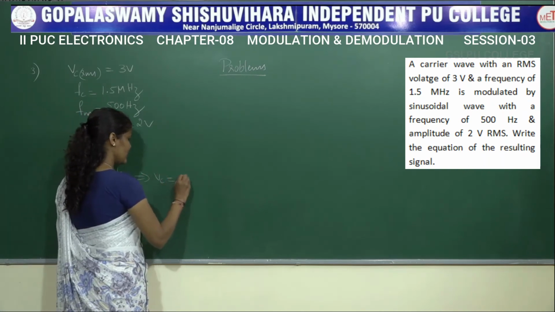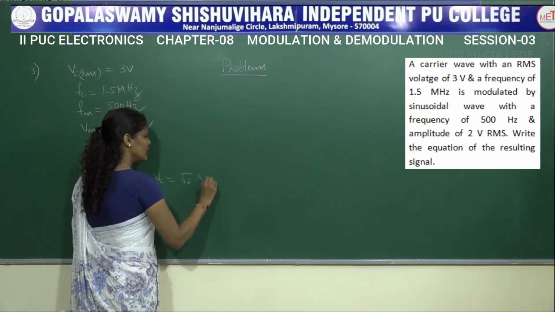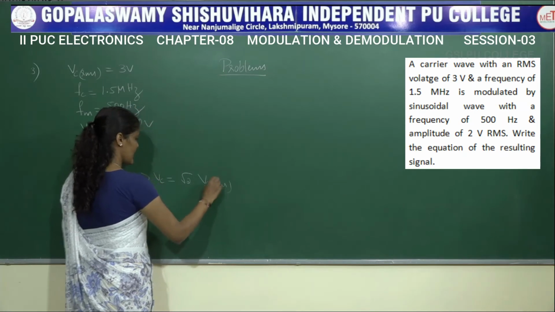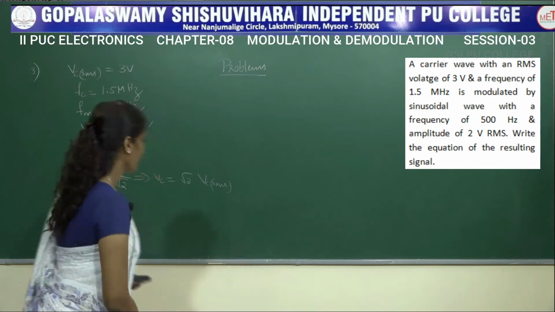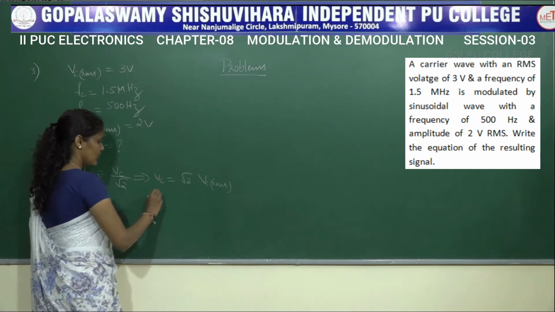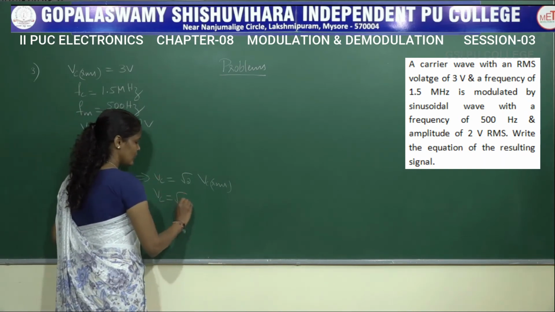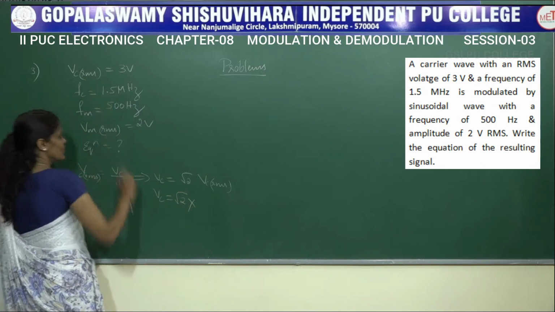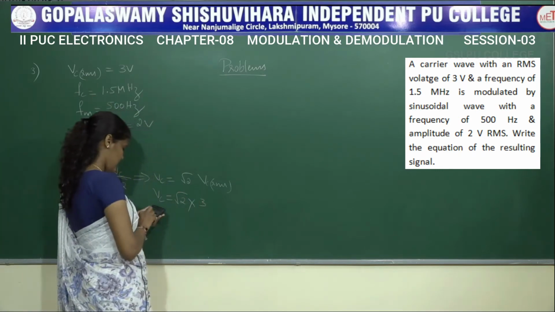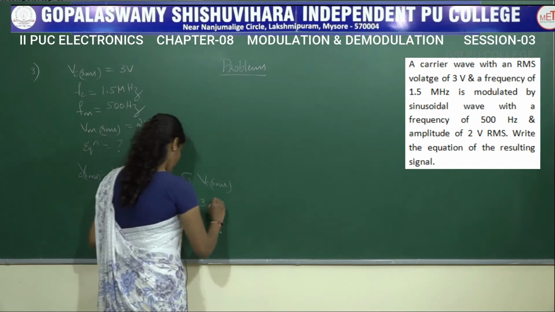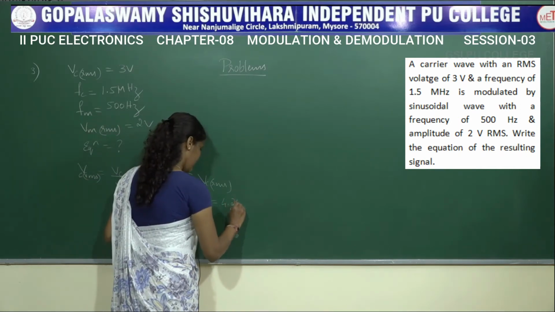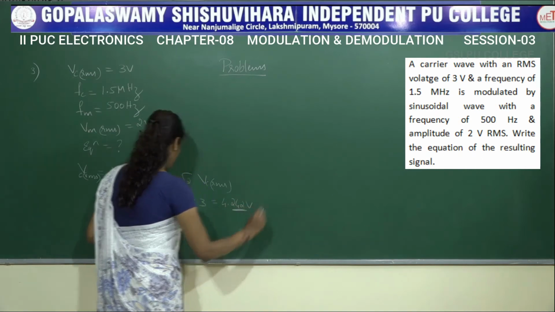But Vc is equal to root 2 into Vc RMS. I have just cross multiplied. So Vc is equal to root 2 into 3, which gives me 4.242 volts.